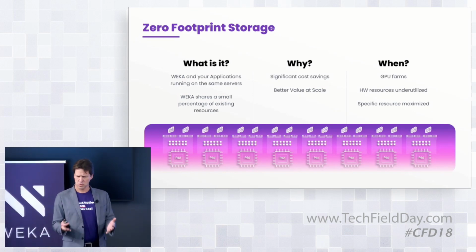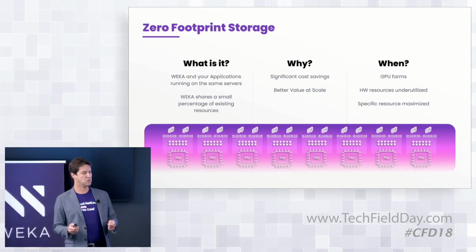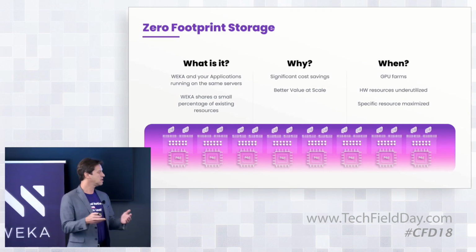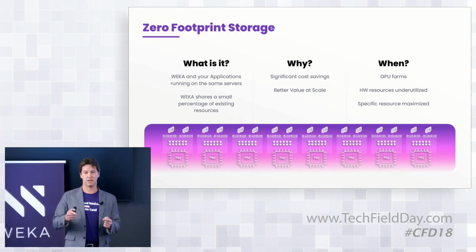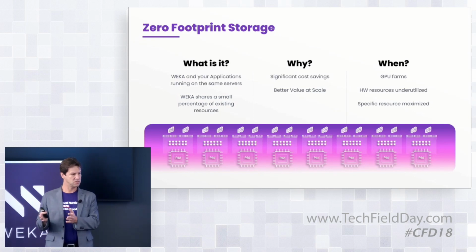Now, do we want to use Converge everywhere? No, but if we think about targets, large GPU farms will be a good example. Also, when we have resources that are underutilized, or on the flip side, if you have a resource that is overutilized. Most of our customers have GPU farms, and they are overutilizing their GPUs, but not so much their CPUs.